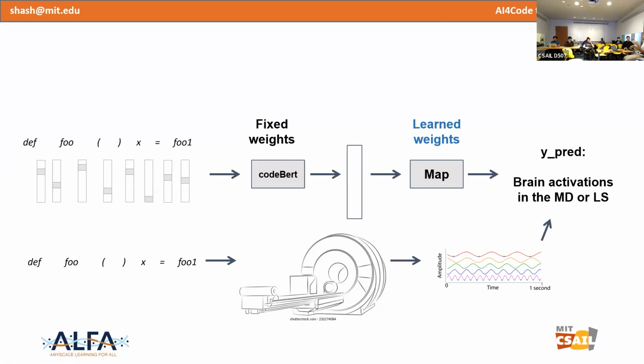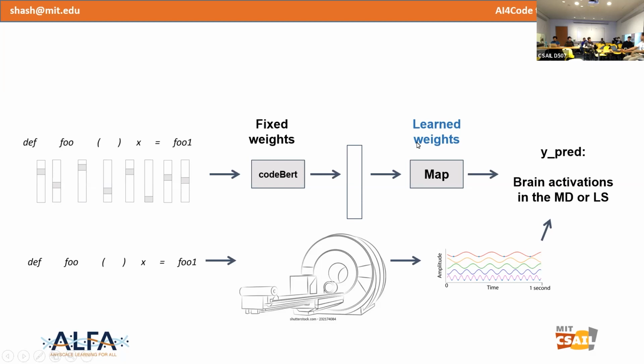You do it over 20, 25 people, and you get some sense of what the brain activity is. Then in order to run this kind of modifier, you would need some gradients to propagate from this brain signal all the way back to the inputs over here. And the way you do that is you first learn a mapping model on a bunch of people. So essentially you're trying to map the representation of, let's say, CodeBERT or any of these language models onto actual brain representations.